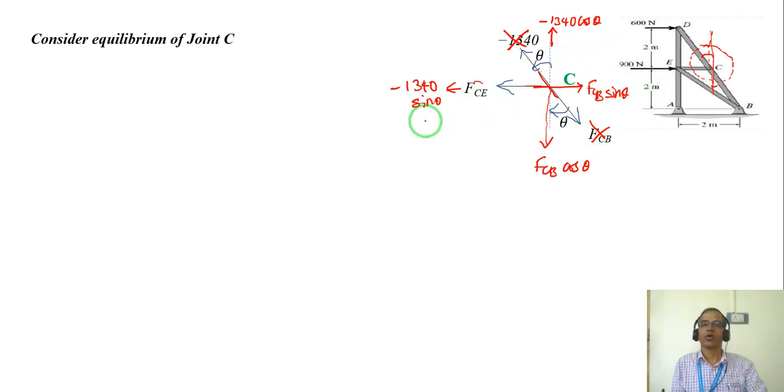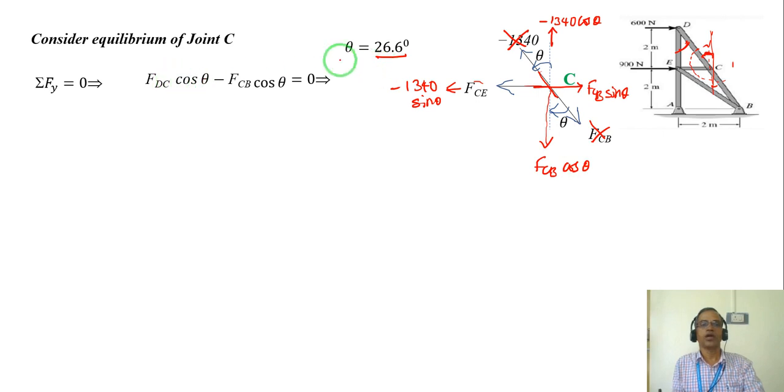So I have now simply used summation Fx equal to 0, and since the angle 26.6 degrees we already know, this angle is nothing but this angle from the geometry. Because I have forces in the horizontal direction and the vertical direction, summation Fy equal to 0, that means minus 1340 upward, FCB downward.